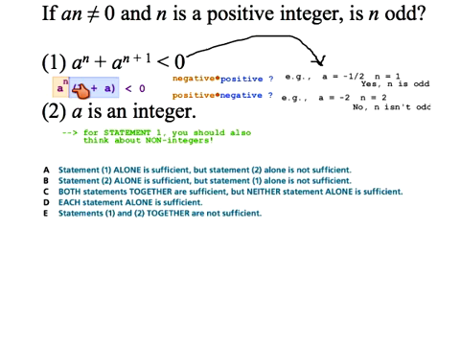Yeah, which is always the goal, right? The goal in every single yes/no type data sufficiency problem ever is to get a case that corresponds to yes, it is, and another case that corresponds to no, it's not, and you try to prove not sufficient.